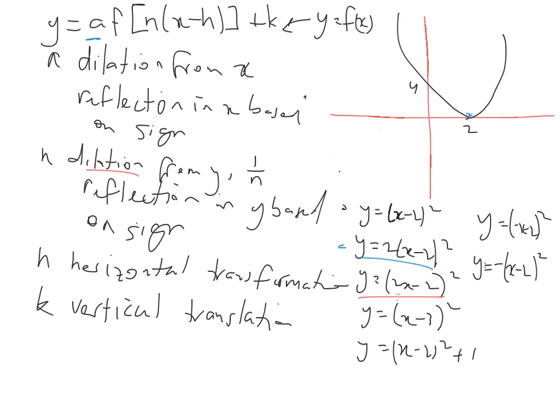So where we've got an intercept there at 2, we're going to have an intercept here at 1. So it's going to go something like that. Still going to cross at 4, but instead of having a turning point at 2, it's now got a turning point at 1. So that's what we're seeing there.